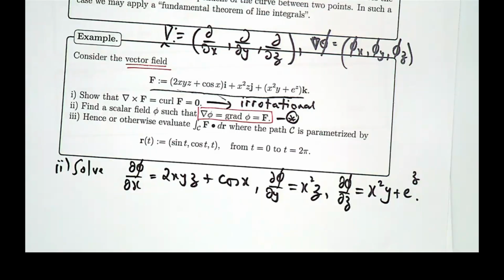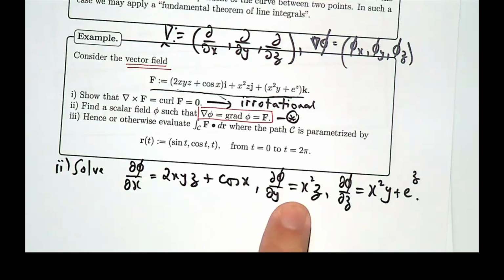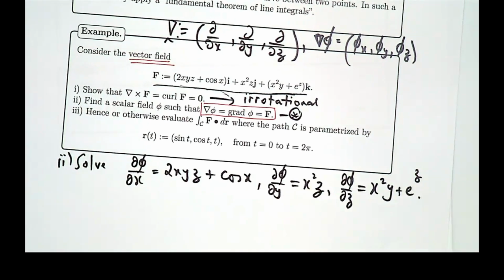What about if I integrate the second part? So I'm integrating with respect to y now. What am I going to get? Yeah, we'll get something like y x squared z plus something else, some constant, inverted commas.